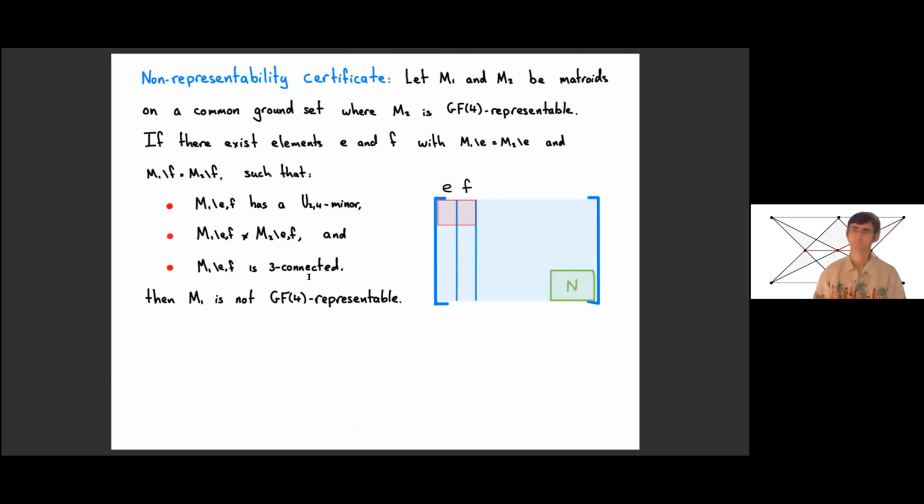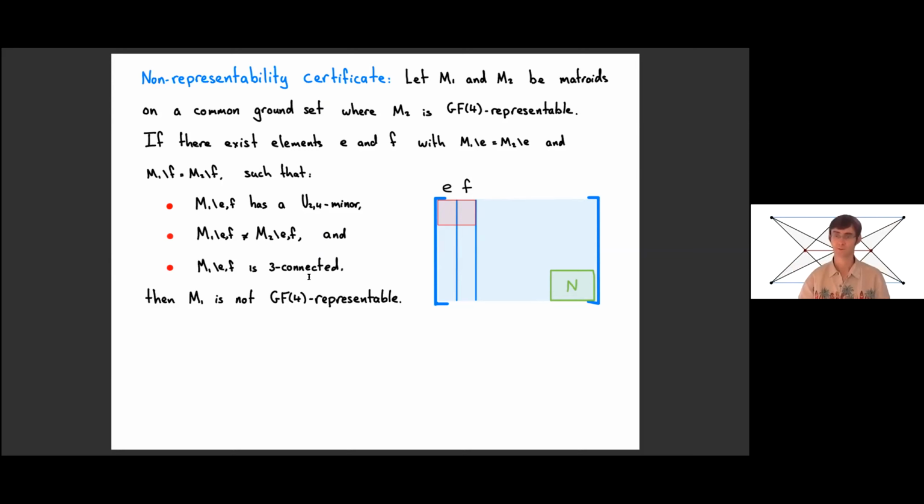What you have, when you put all these things together, is a sort of certificate of non-representability for your excluded minor. This matrix gets filled in uniquely. Having the stabilizer and these two elements, E and F, whose deletion leaves you 3 connected, basically enables you to fill in a unique candidate representation.